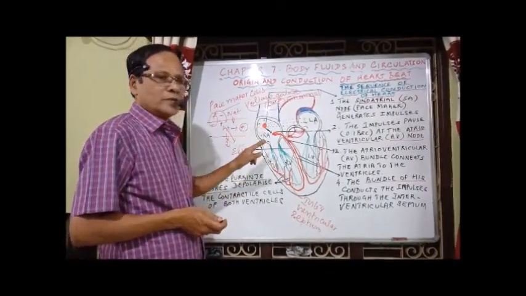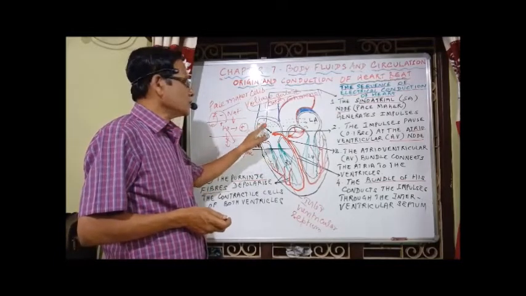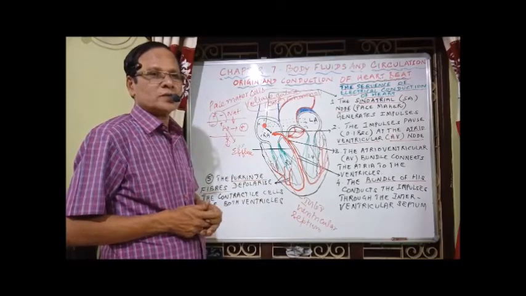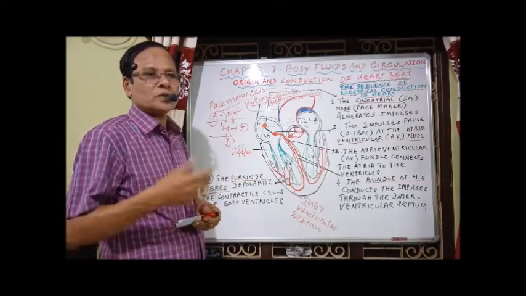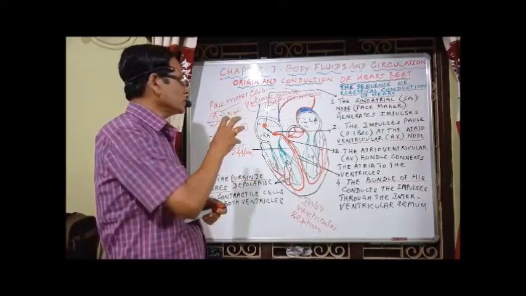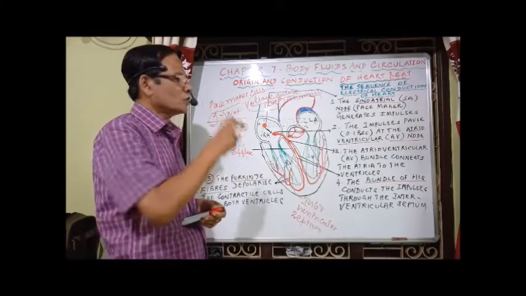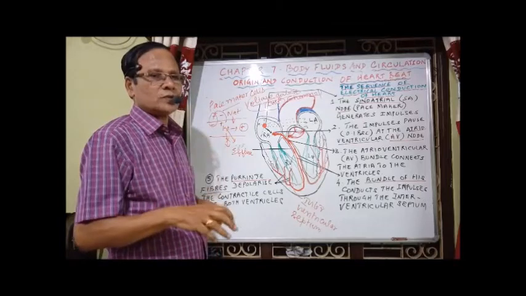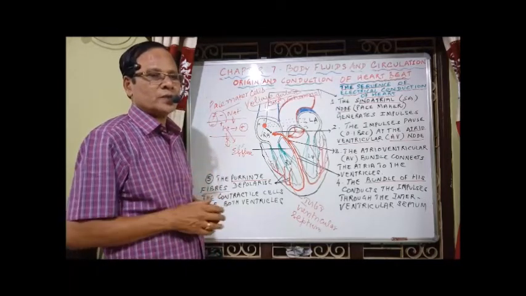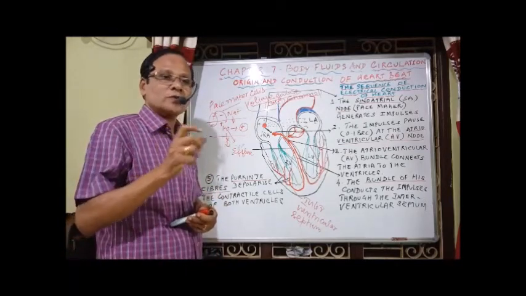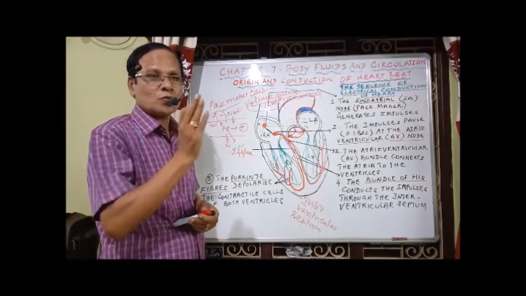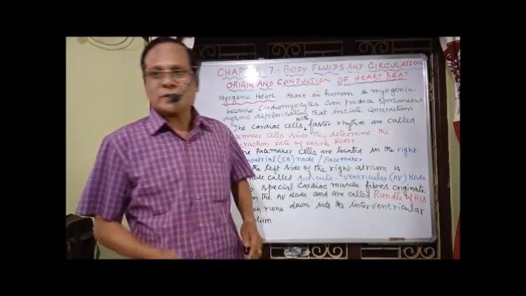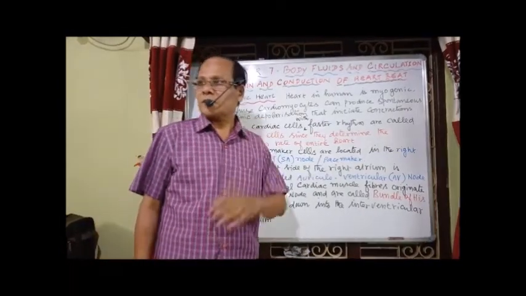Now, the pacemaker cells are formed in the SA node, and that one initiates or generates the impulses through depolarization. We'll talk about depolarization, repolarization, and what we mean by voltage gated channels, either for sodium, potassium or calcium. Calcium ions are responsible for the transmission of impulses from one neuron to another neuron.